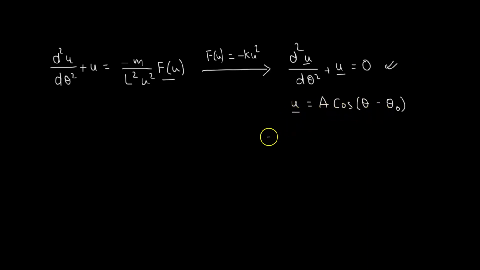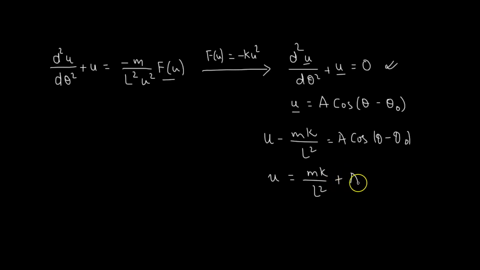Now we assumed that u bar, so that's u minus mk over L squared, equals A times cosine of theta minus theta naught. So u will be equal to mk over L squared plus A times cosine of theta minus theta naught.